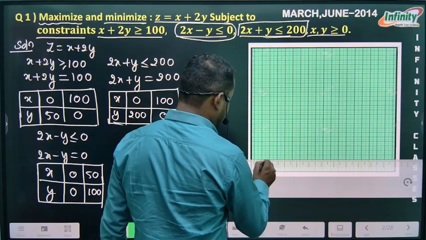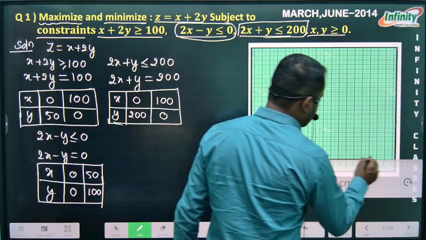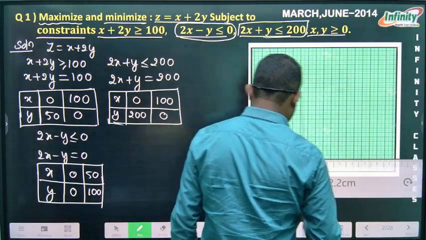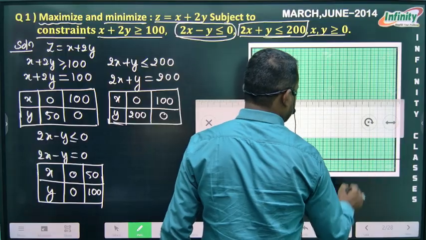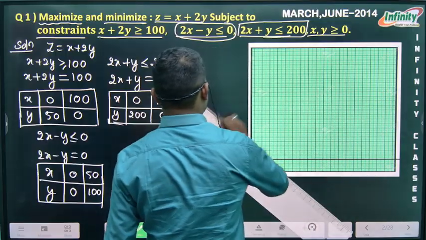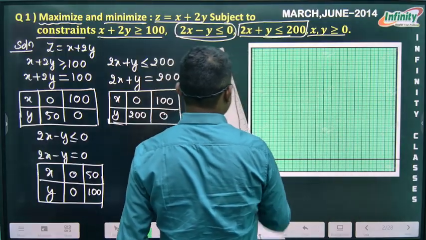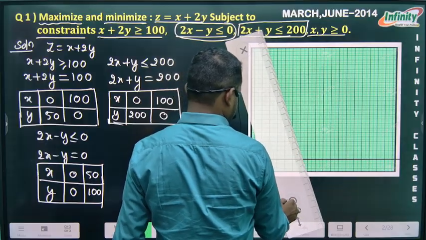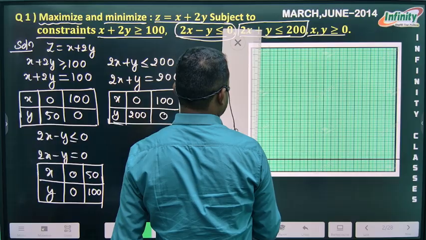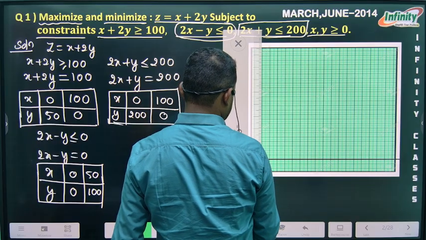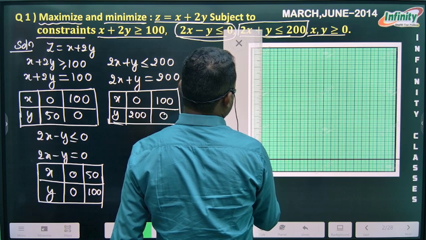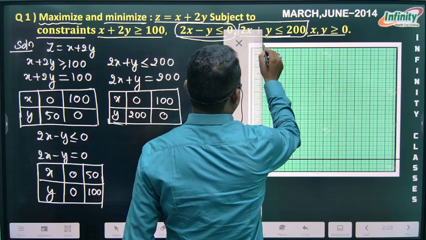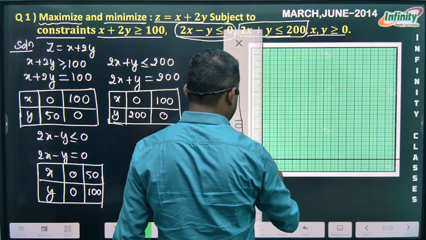Now draw the line, x-axis, and similarly the y-axis.